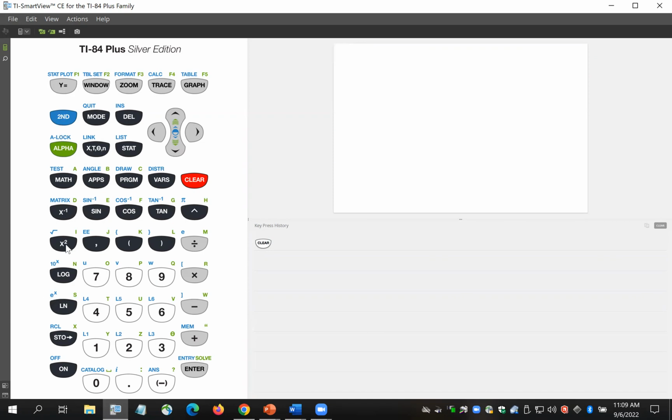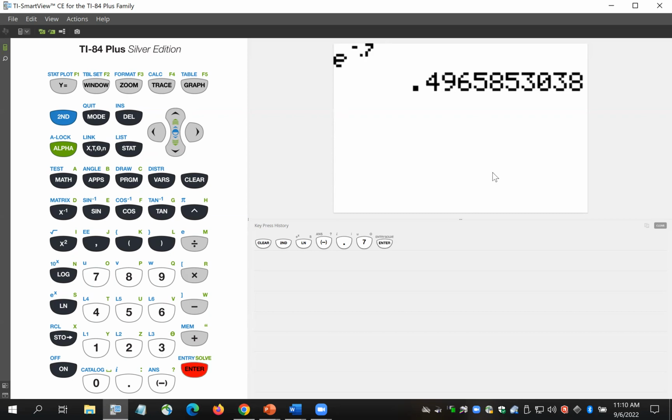On mine, it's above the LN button, which is next to the 4. In blue, you see E to the X. So I'm going to press the blue second button and then LN, and the little E comes up on my screen. And then I want to enter negative 0.7, because I did that calculation in my head. Then I'm going to hit enter.